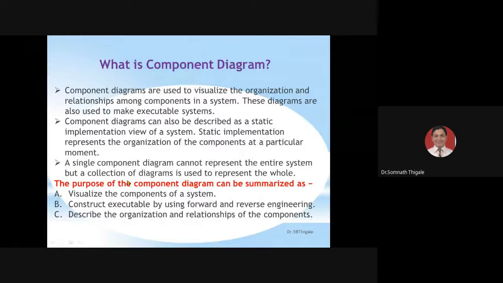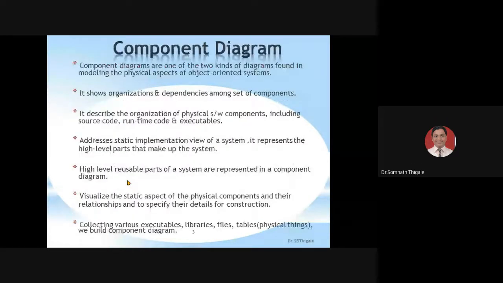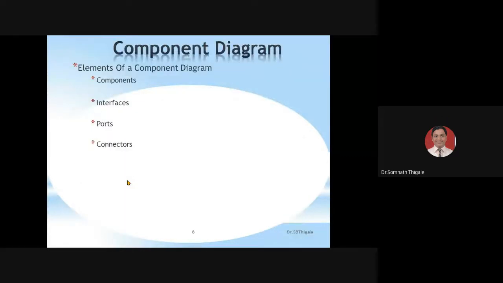Then we started with the component diagram, and we discussed the basic definition of a component. A component is nothing but the most easily reusable and replaceable part of the system. We will call it one component. I will repeat what I am saying. What is the meaning of component? A component is mostly a reusable, replaceable part of the system.